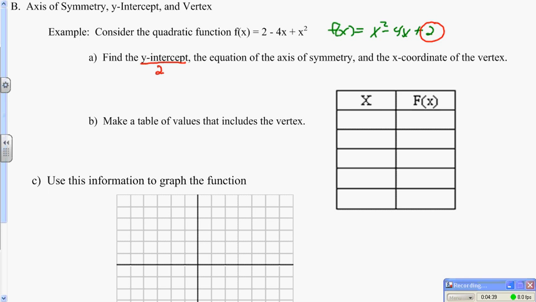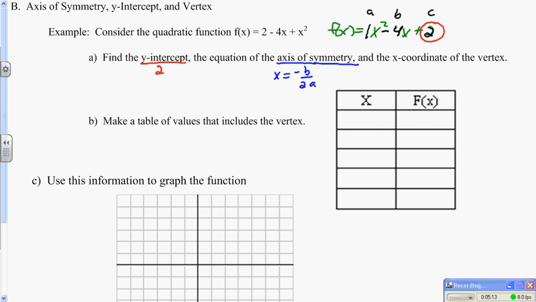The axis of symmetry is a formula that's in your books that says x equals -b over 2a. A and b come from the coefficients of our quadratic function. So a is 1, b is -4, and c is 2.